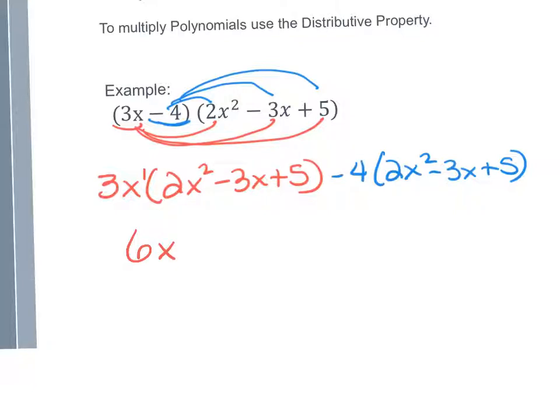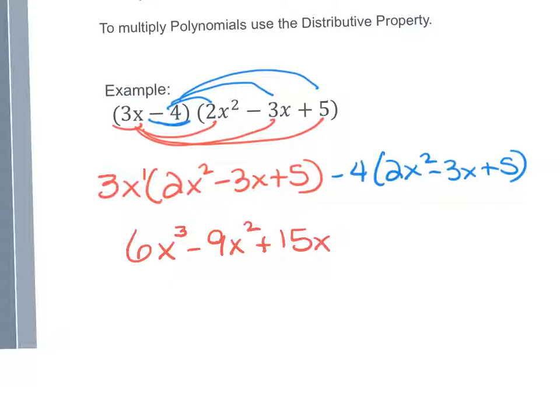So this will become 6x to the 3rd power. I'm then going to distribute the 3x to the -3x, giving me -9x squared. And then I'll distribute the 3x to the 5, giving me +15x.